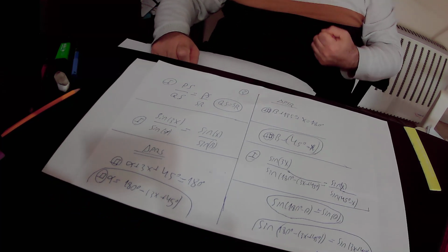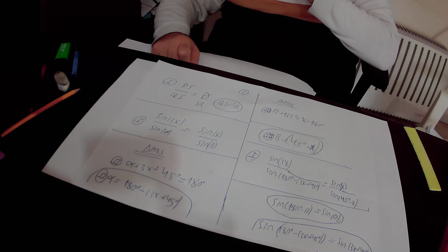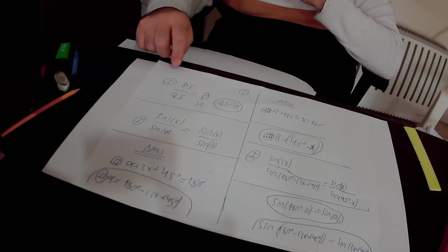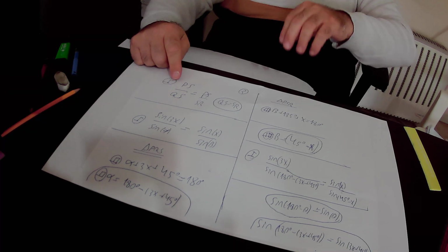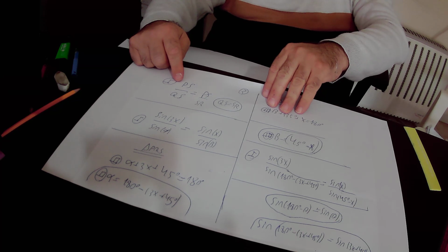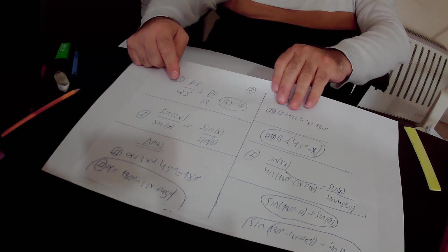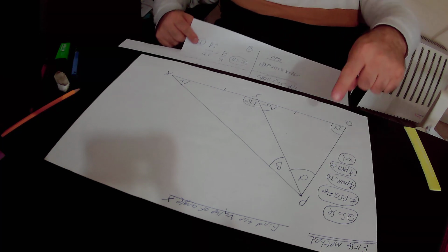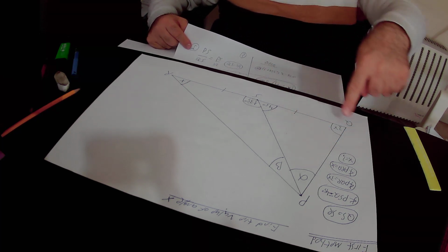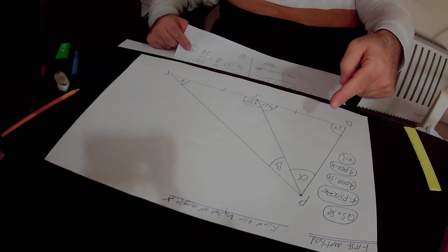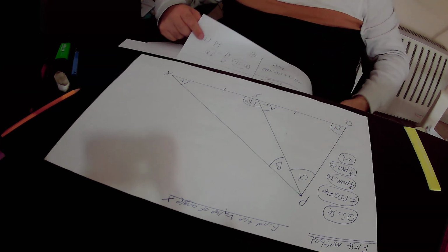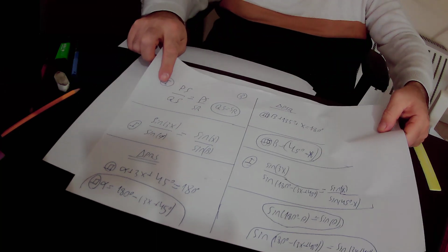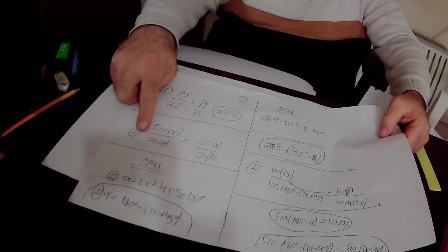But according to the rule that I presented to you, the ratio between the side lengths of a triangle equals the ratio between the sines of the opposite angles. So if we focus on triangle PQS, the value of PS over QS must be equal to sine 3x over sine alpha.